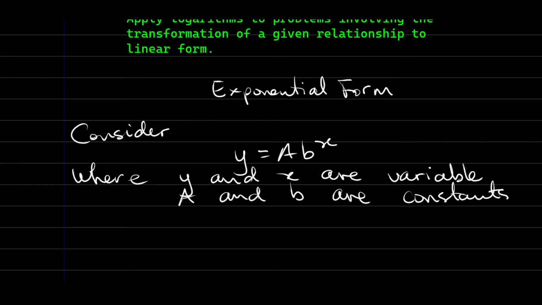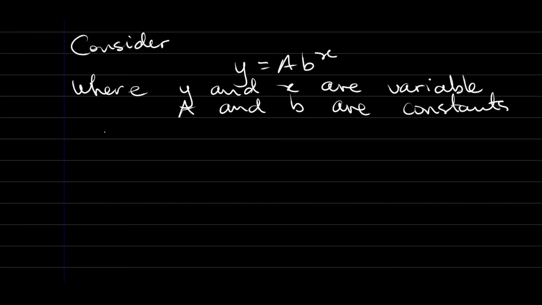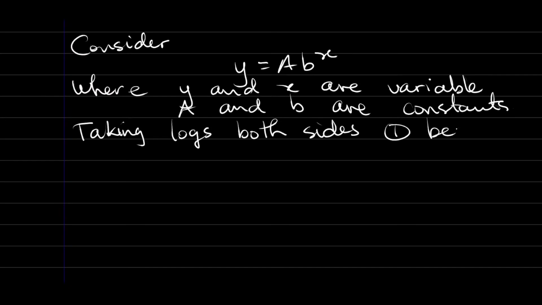Right? Now we have your constants, and according to what we just did, we're going to take logs on both sides. So taking logs on both sides becomes log y equal to log of a b to the power of x.